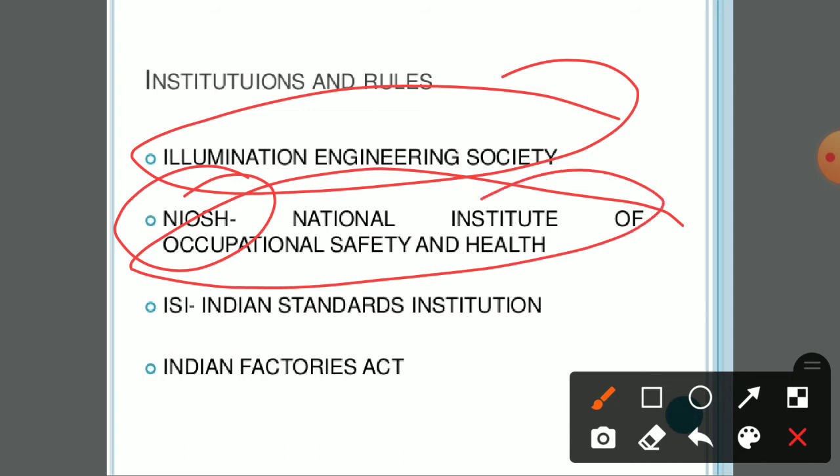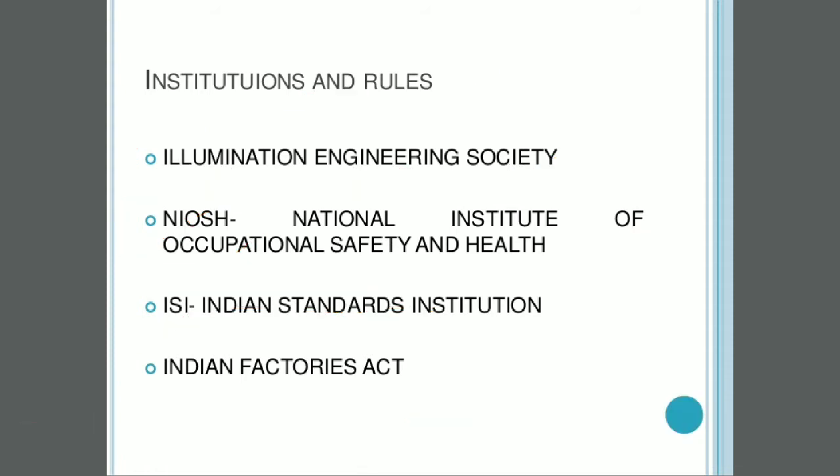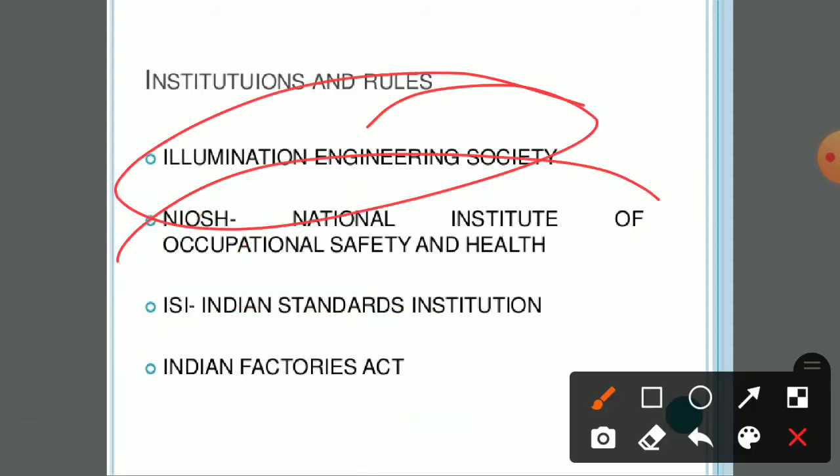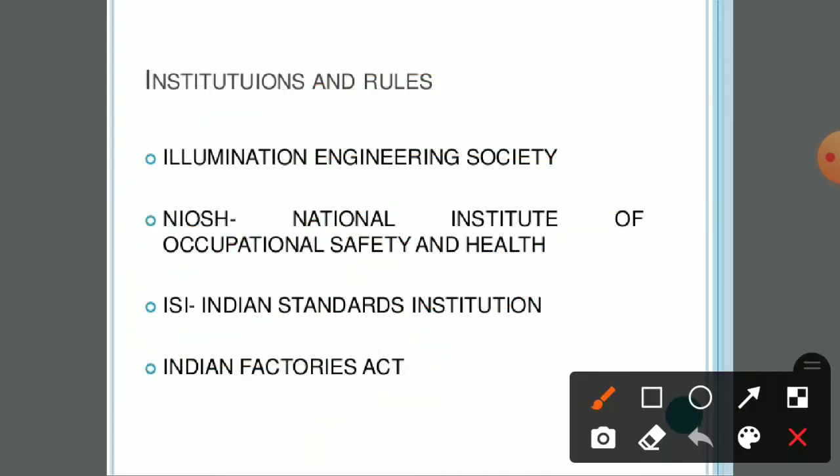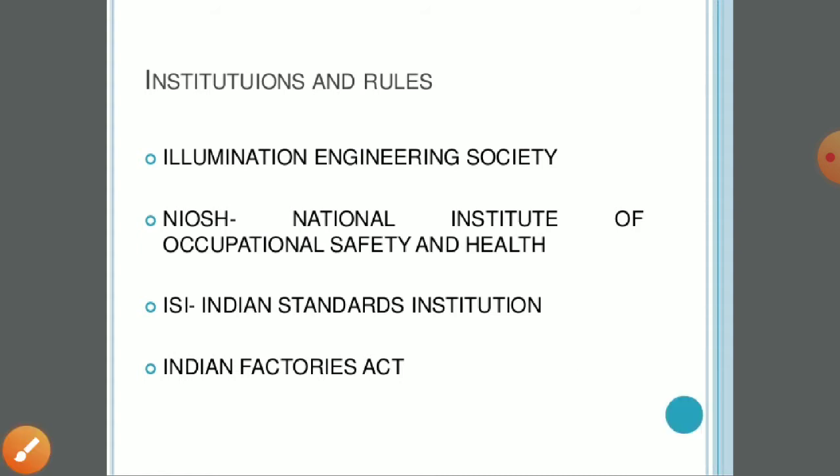Then ISI, the Indian Standards Institution, and then the Indian Factories Act. These are some of the institutions that make the rules, and based on those rules you have to follow them while designing lighting schemes for industries.